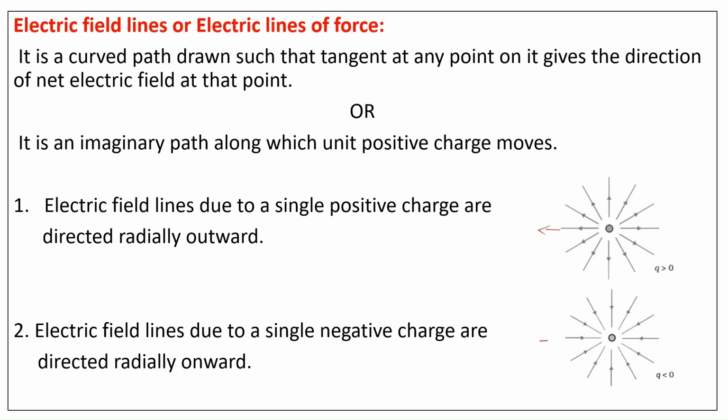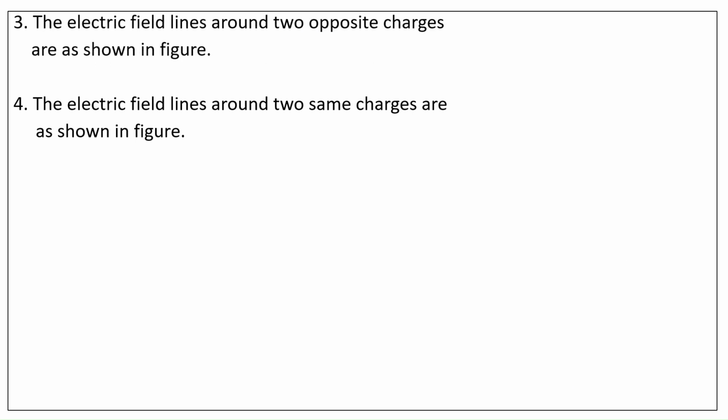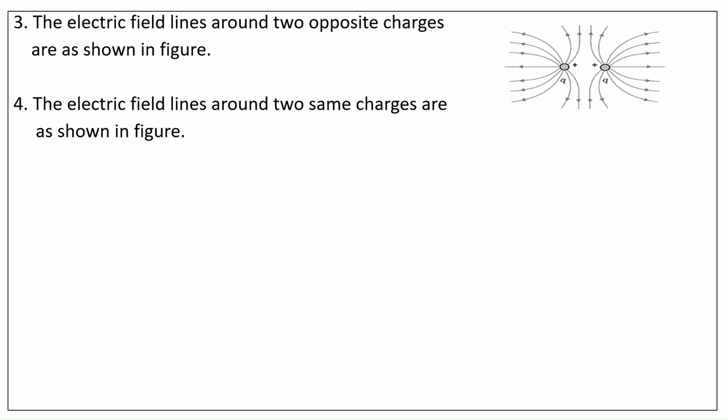Electric field lines due to a single negative charge are directed radially inward. 3. The electric field lines around two opposite charges are as shown in figure 4. The electric field lines around two same charges are as shown in the figure.